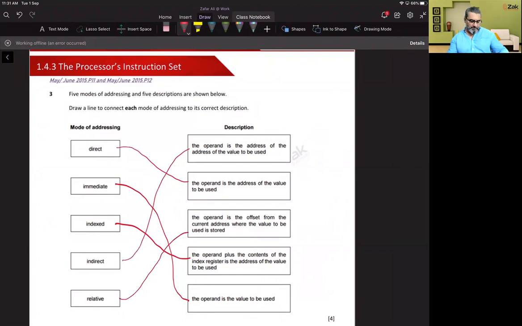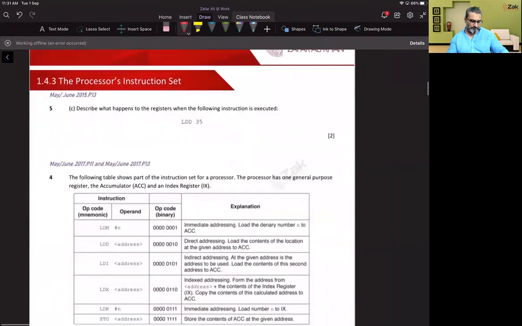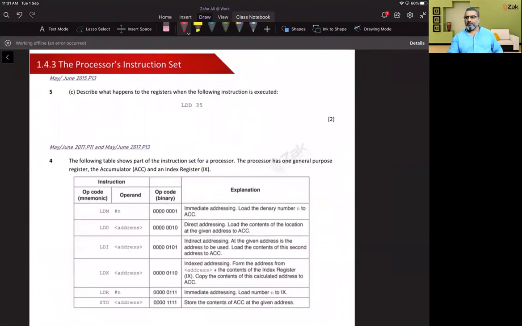All right. So next question. Describe what happens to the registers when the following instruction is executed. It is being executed. It is already fetched. It is in CIR. So first of all, this part would go to MAR.